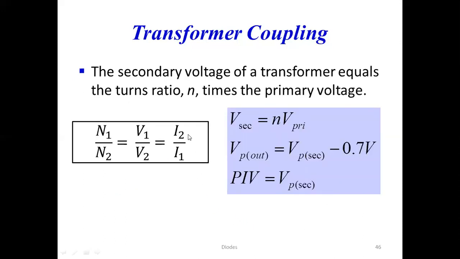Similarly, I2 upon I1, secondary current upon primary current. So once you know this turns ratio, you can easily calculate. If the turns ratio is given to you and if the input voltage is known to you, then you can easily calculate output voltage and output current at the secondary. I'm talking about the input side of the transformer and the output side of the transformer.